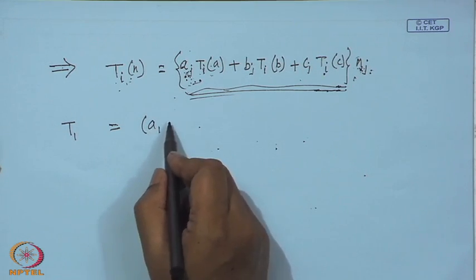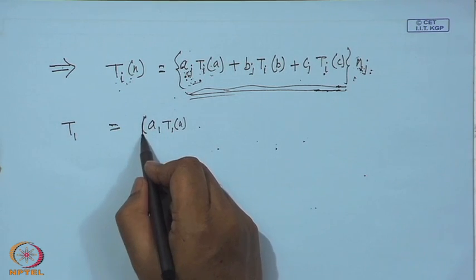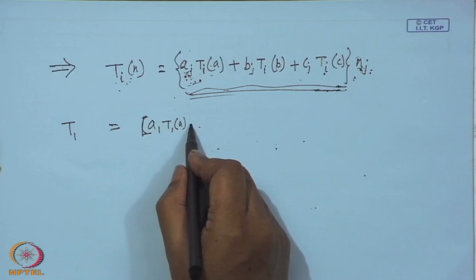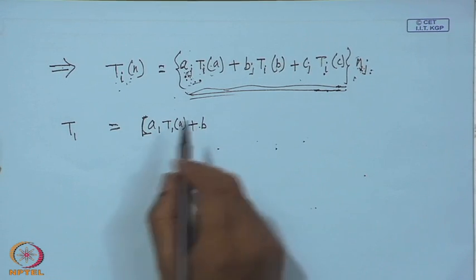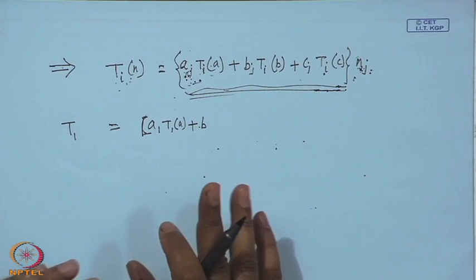A 1 T 1 a, here we are writing the labels, because otherwise you might think all of them are T 1 and then let us cancel it, okay, because they are different.